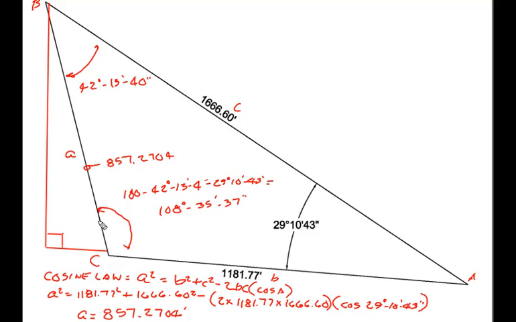So in order to do that, we need to determine this angle, because we want to find this distance here, so that we've got the base times the height. So this angle is going to be 180 minus our 108, 35, 37, which is equal to 71 degrees, 24 minutes, 23 seconds.